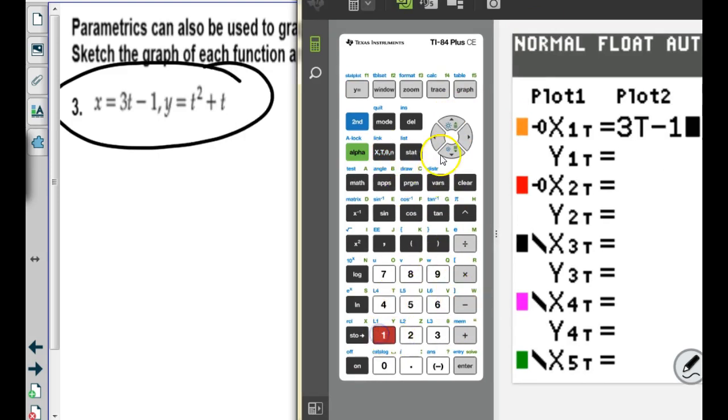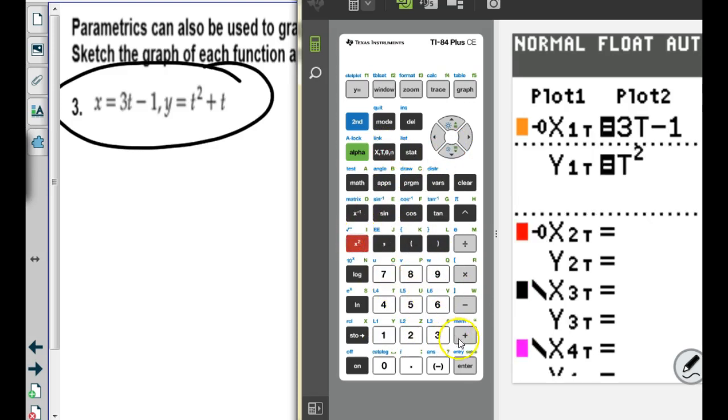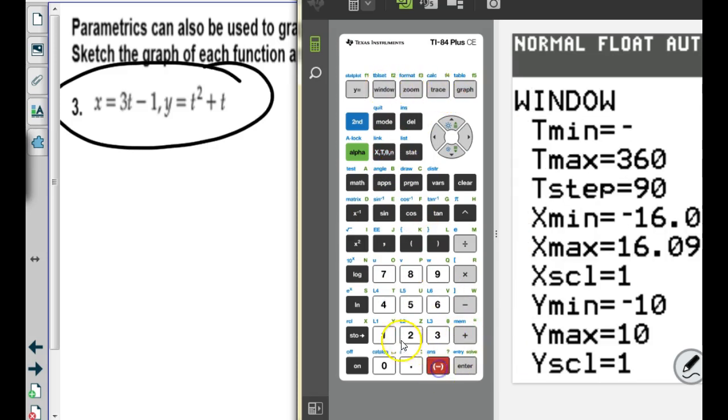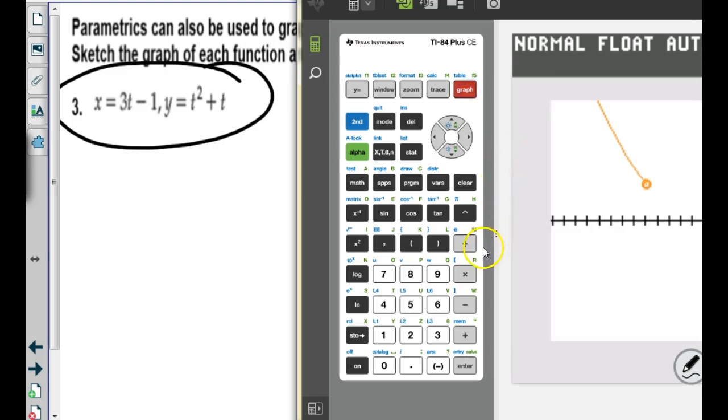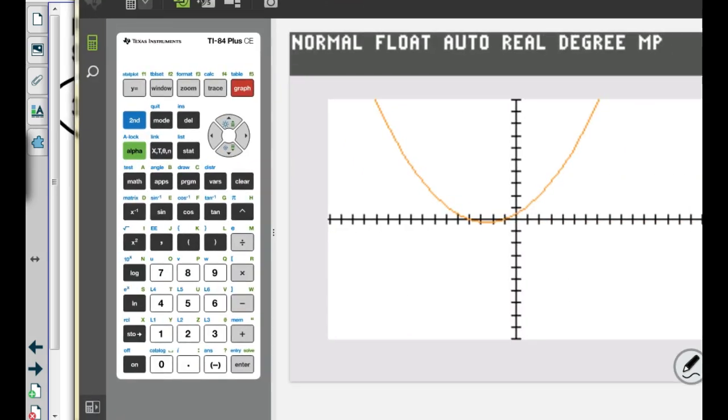Window, negative 10 to 10, step 0.1. Anybody get a parabola?